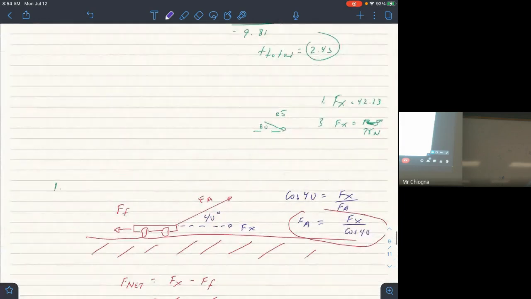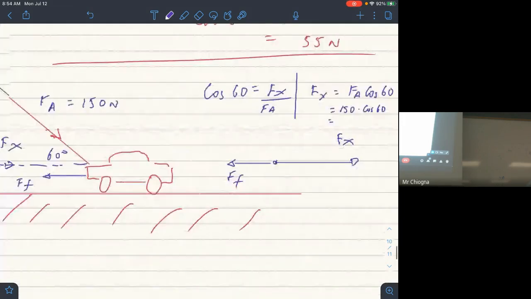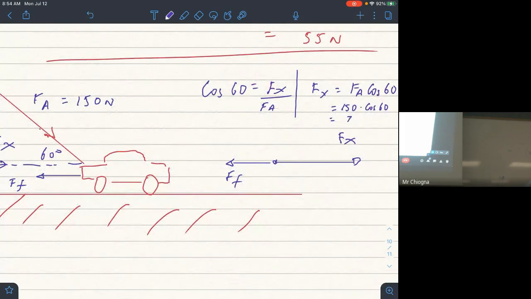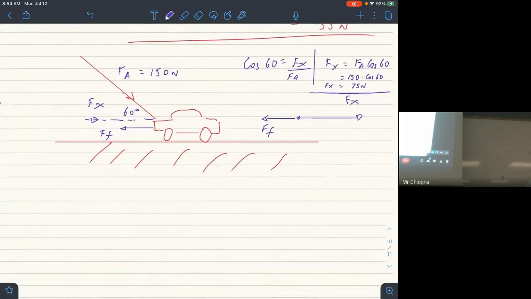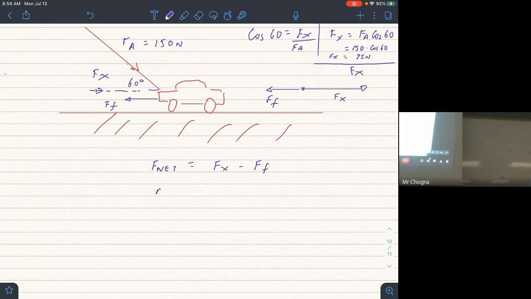Which works out to be 75. That's your FX. This is your FX here. So we have F net, same equation as we did in number 1. You can just plug in our values.